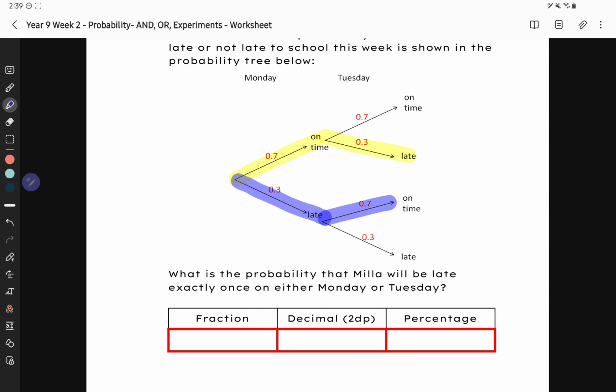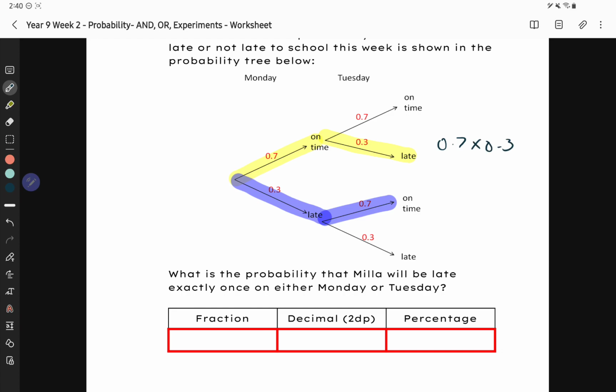Okay? So let's think about this. So this path here, what's the probability? Remember, if we want both of these things to happen, we multiply their probability. So we're actually going to go 0.7 times 0.3.